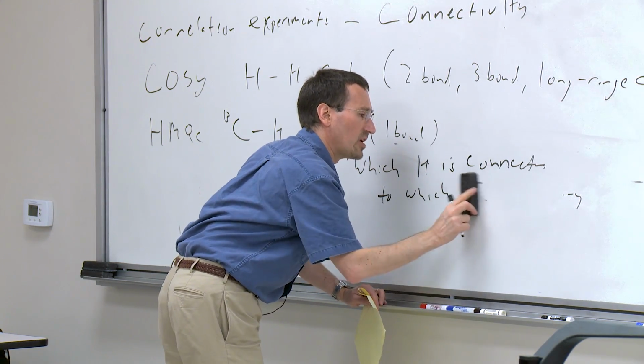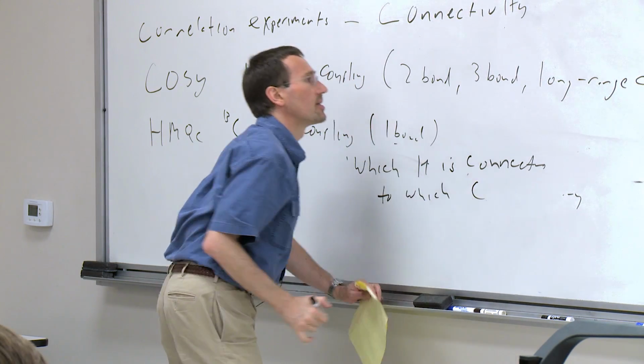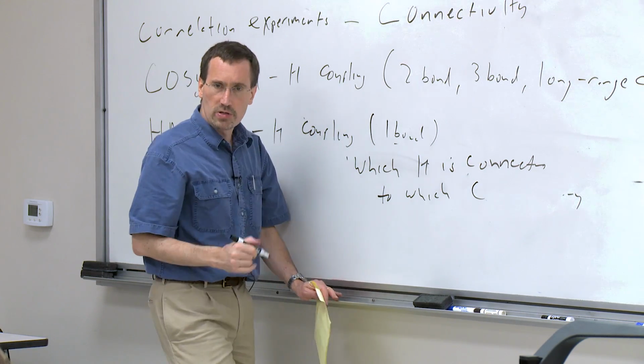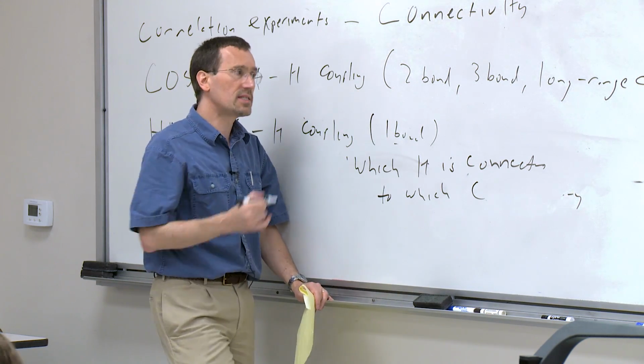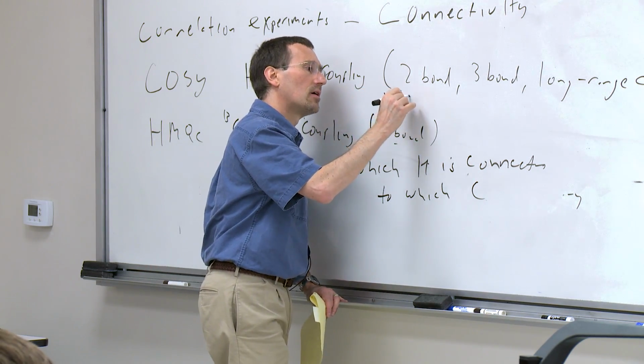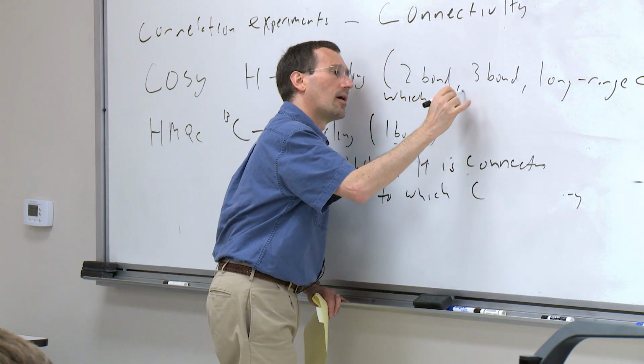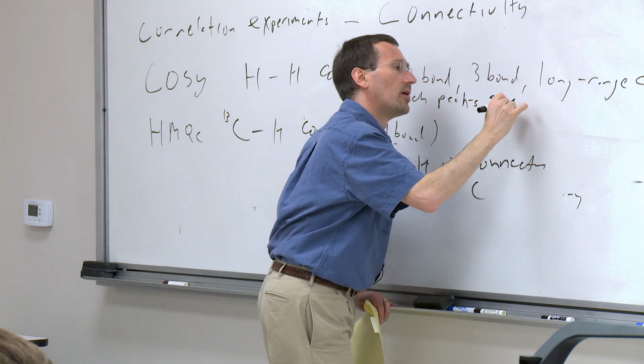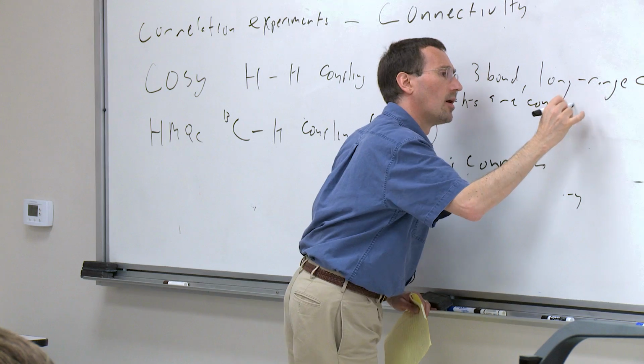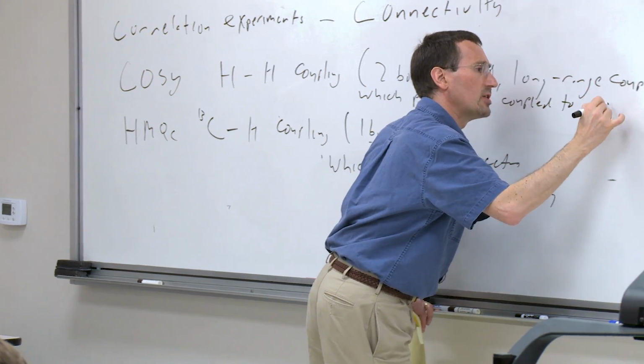Well, let's just say which C, because in the end it doesn't matter. And in the case of proton coupling, we can say which peaks are coupled to each other.